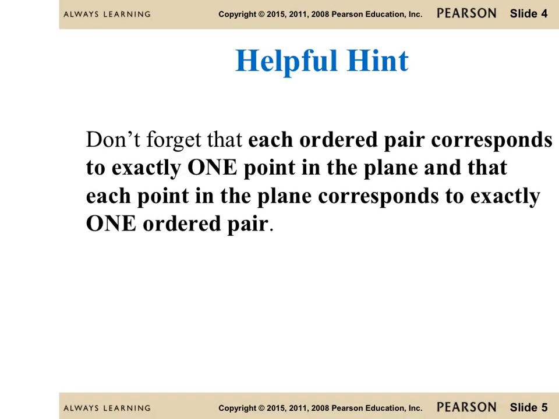And remember that each ordered pair corresponds to exactly 1 point in the plane, and that each point in the plane corresponds to exactly 1 ordered pair. 1 ordered pair, 1 single place.